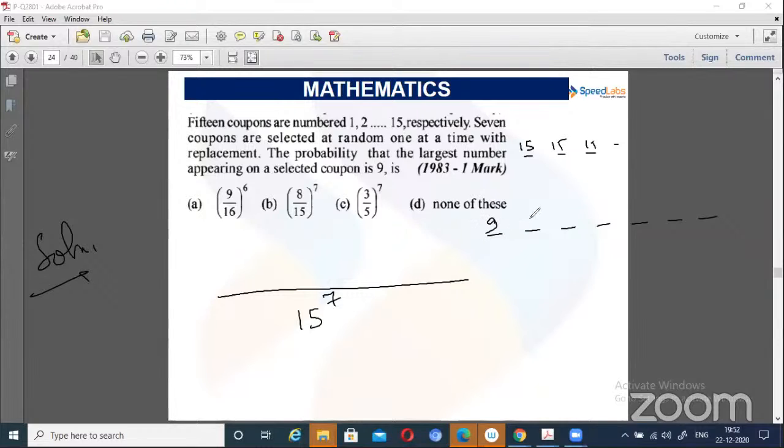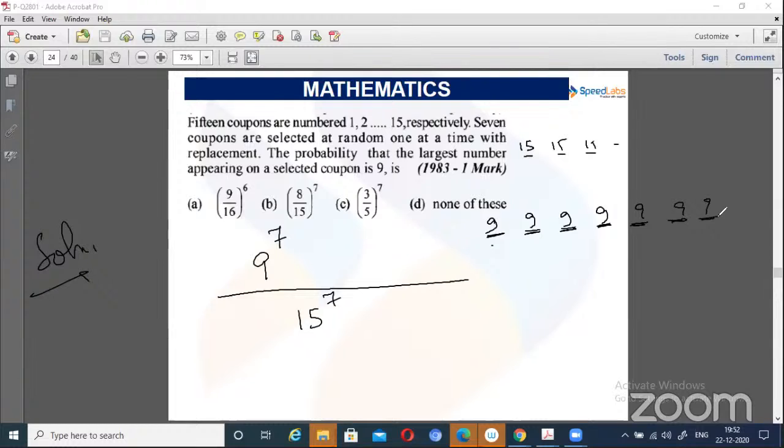So 9 ways here, 9 ways here, 9 ways here, 9 here, 9 here, 9 here, 9 here. 9 power 7. ठीक है. But then this means that this place can have any number from 1 to 9. There is a possibility that none of these places or these coupons had the correct, right?